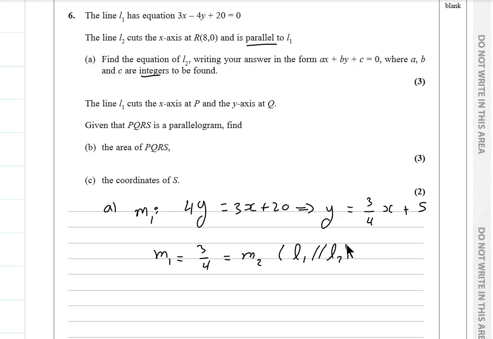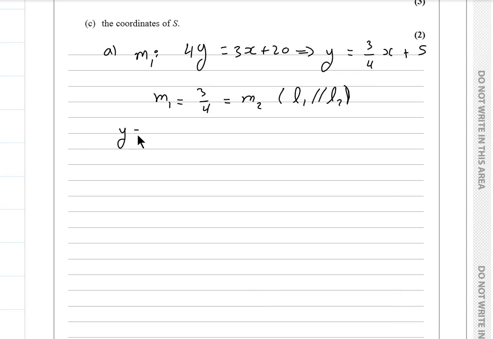And then we have another piece of information that L2 cuts the x-axis at 8 and 0. So we can write y equals m, which is 3 over 4, x plus c. To find c, we have the point 8 and 0. Instead of y, we will put 0, and instead of x, we will put 8.